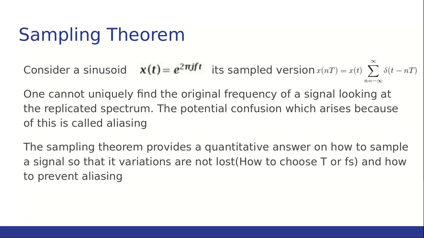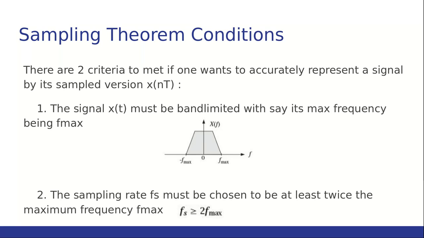The sampling theorem provides a quantitative answer on how to sample a signal so that its variations are not lost, and it also helps us in preventing aliasing. There are two criteria to be met if one wants to accurately represent a signal by its sampled version x[nT].